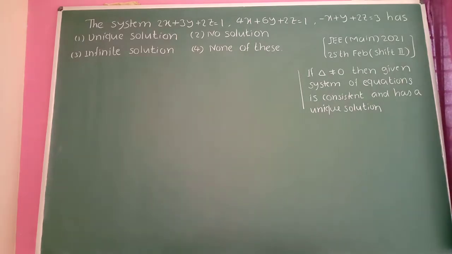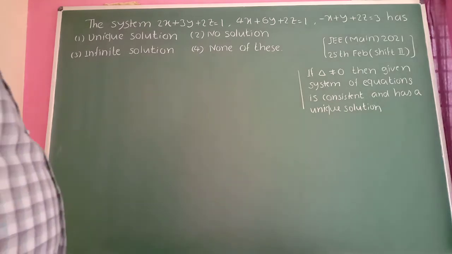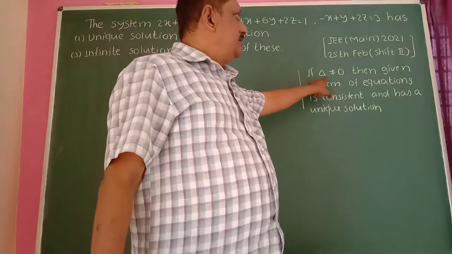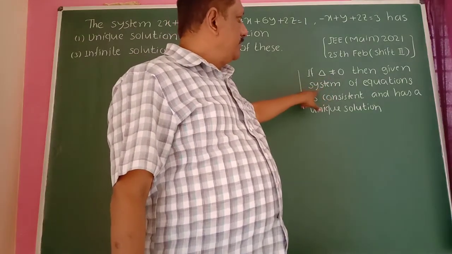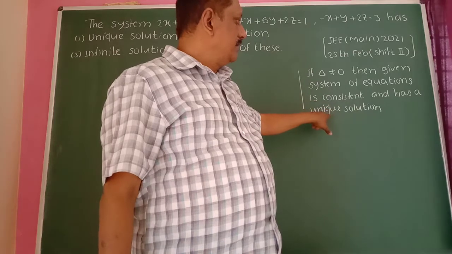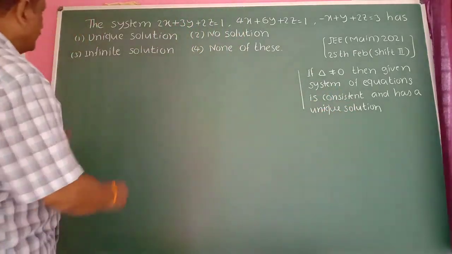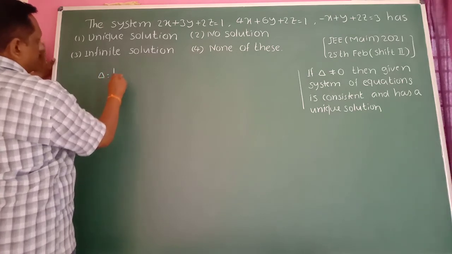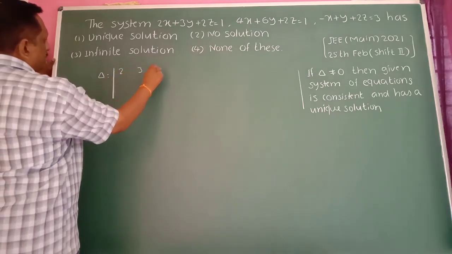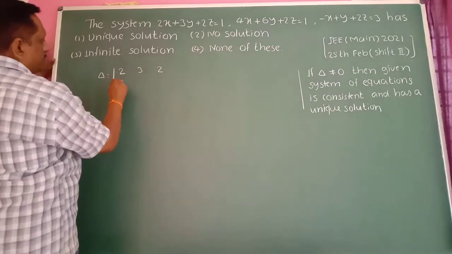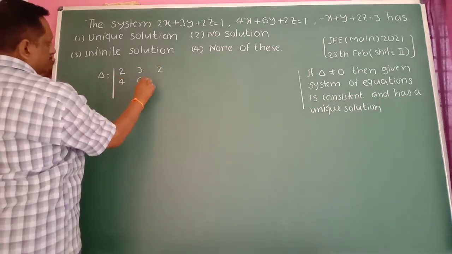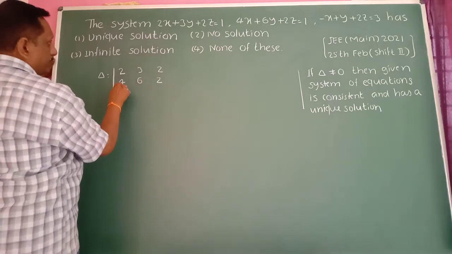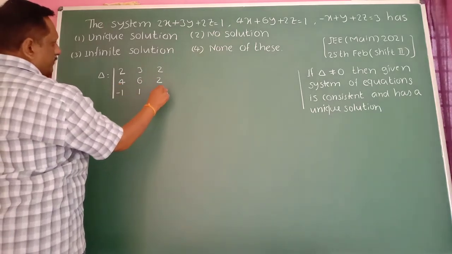The system of three equations has a unique solution, no solution, infinite solutions, or none of these. There is a condition here: if delta is not equal to 0, then the given system of equations is consistent and has a unique solution. Delta is the determinant of 2, 3, 2, then 4, 6, 2, then minus 1, 1, 2.